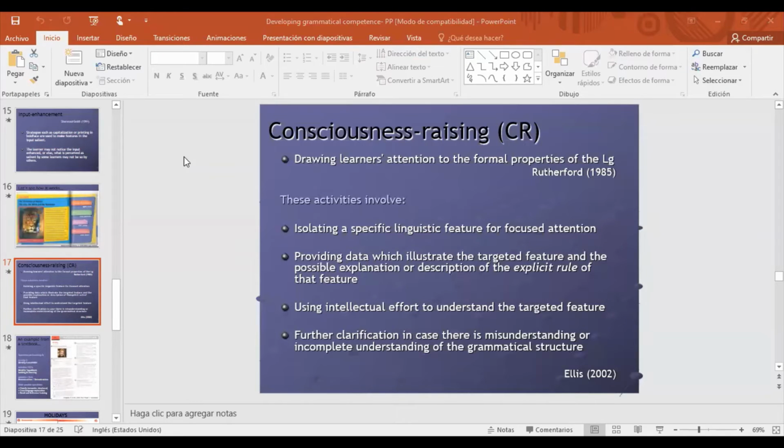If we were talking about just a structural approach, there would be no context. There would be just the isolation of a particular structure per se. In this case, because these are called consciousness-raising activities, we are speaking about working with the whole of the language first, and then isolating particular structures that we want our students to pay attention to.